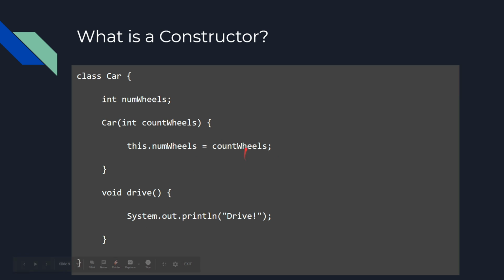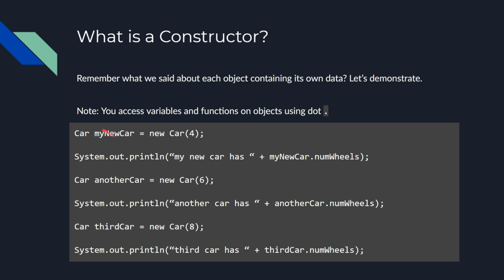So this gets the number 4. Count wheels is the number 4. And then num wheels will then store that number 4. Now, that number 4 is only going to be for the my new car object. So if I create a second object, and I set its num wheels to 6, this one's num wheels is going to be 6.